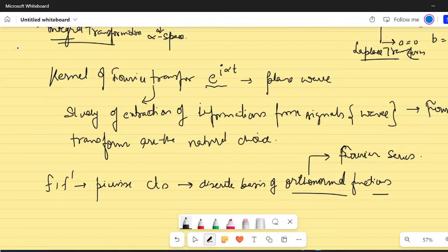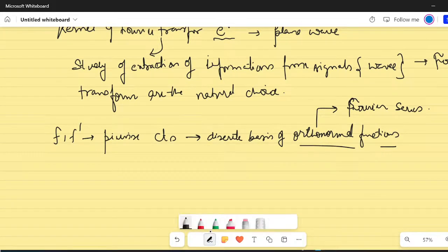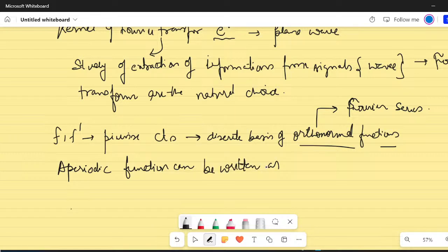Okay, and the natural question that we've been discussing in the last few lectures is what happens if there is an aperiodic function. For an aperiodic function, you have demonstrated that it can be written as the limiting case of a periodic function.